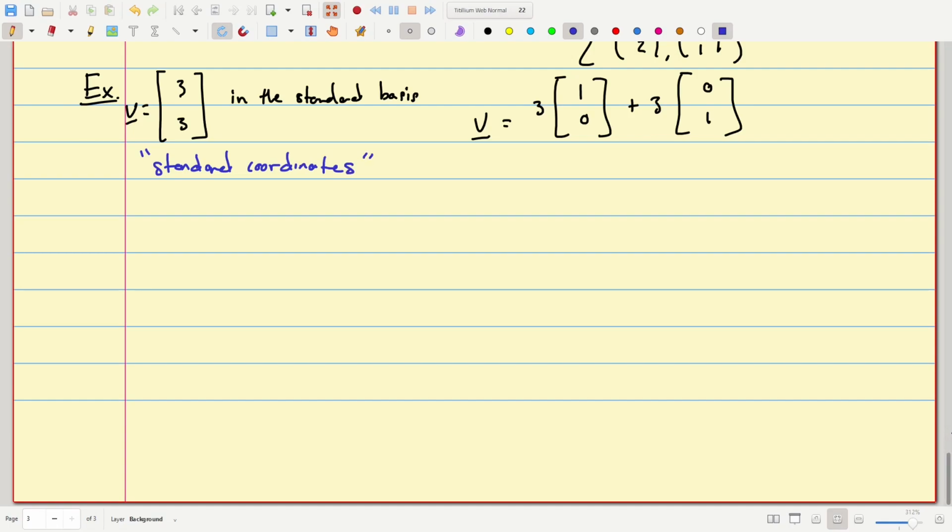What I would like to do is put it into non-standard coordinates, utilizing the basis that we talked about before.